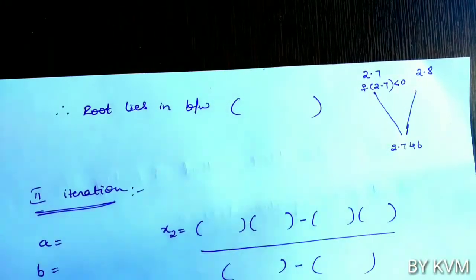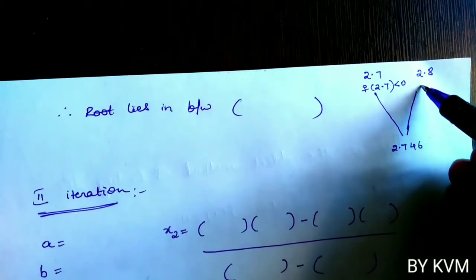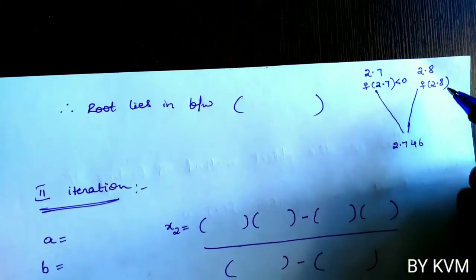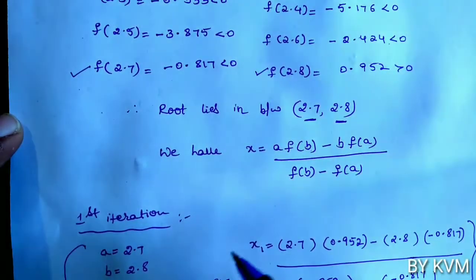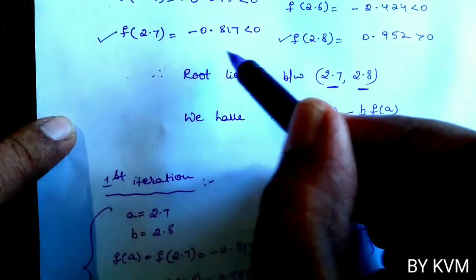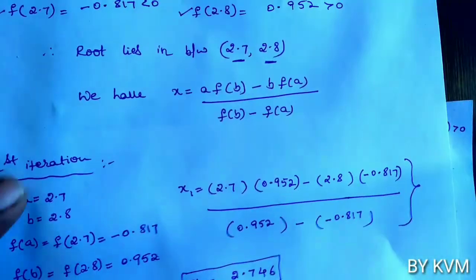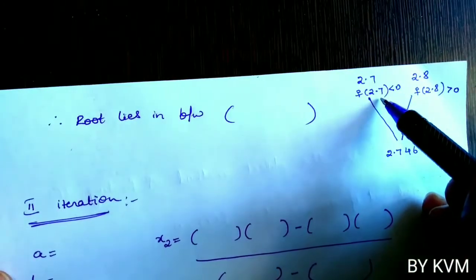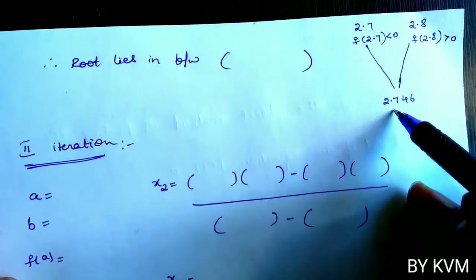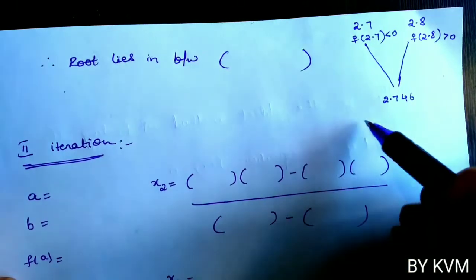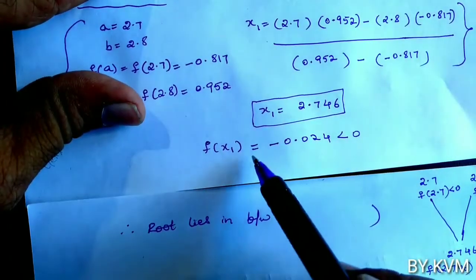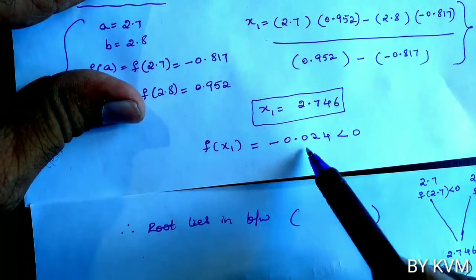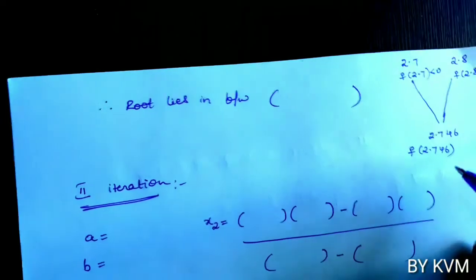And what is f of 2.8? It is greater than 0. So f of 2.7 is less than 0, f of 2.8 is greater than 0, but for the new root x1, 2.746, f of x1 is also less than 0.